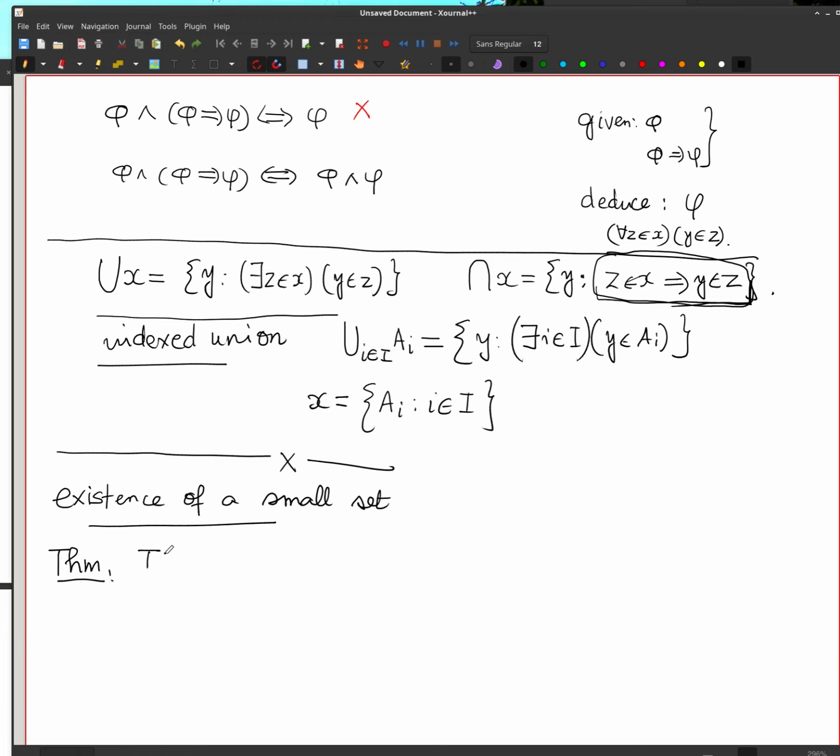The following two statements are equivalent. What are they? A: there exists a small set, and B: the empty set is a small set. So let me write as I am writing.